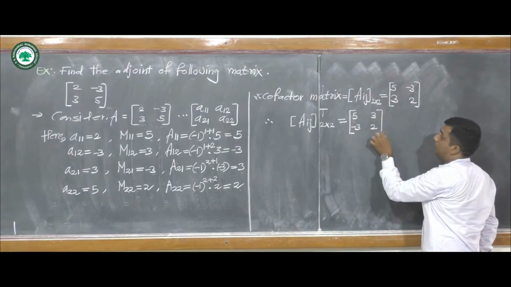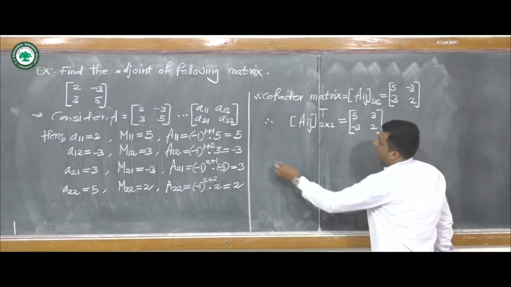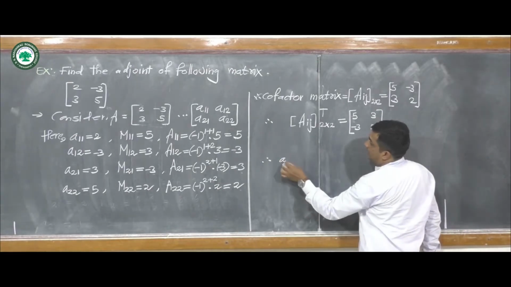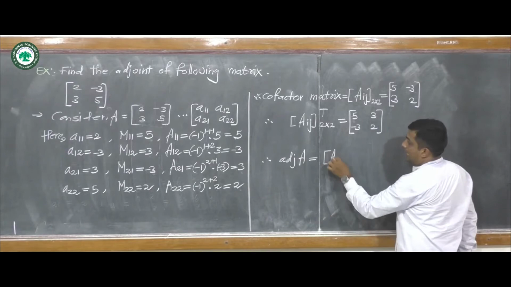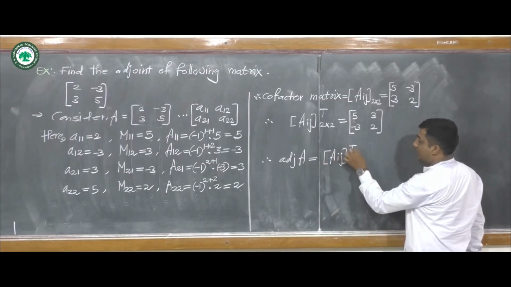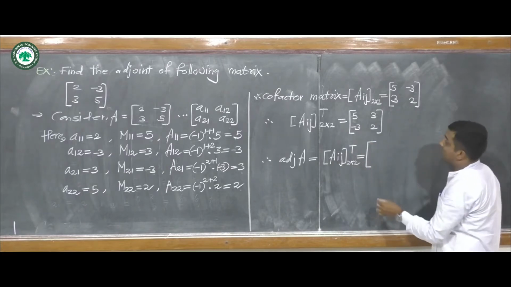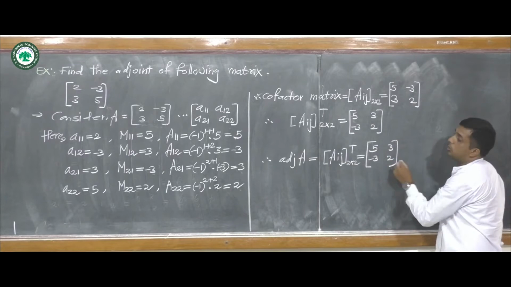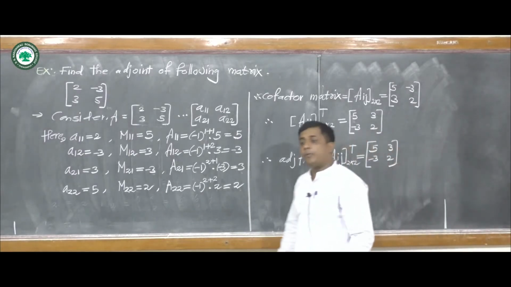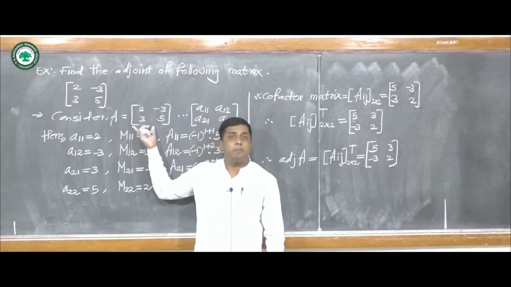So this is the transpose of the cofactor matrix. Therefore, the adjoint of A is equal to the transpose of Aij having order 2 by 2, and is equal to the matrix having elements 5, 3, -3, 2. So we find the adjoint matrix of the given matrix.